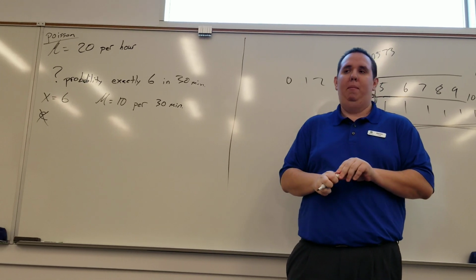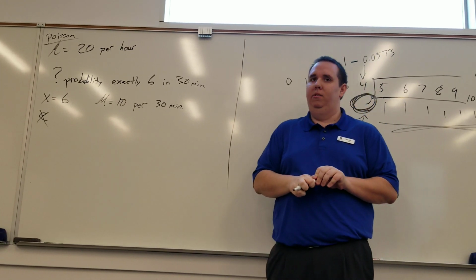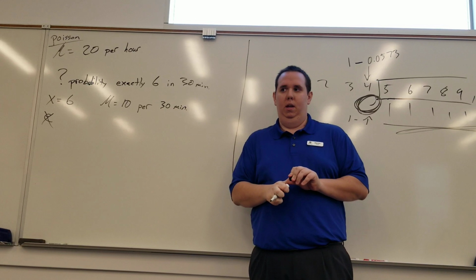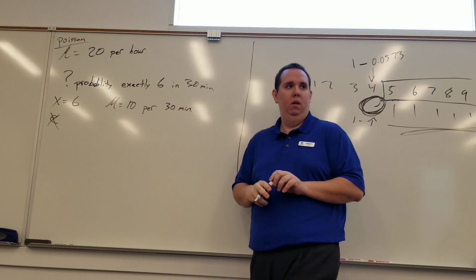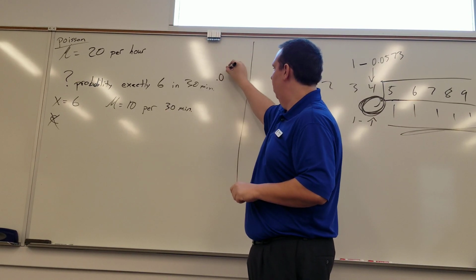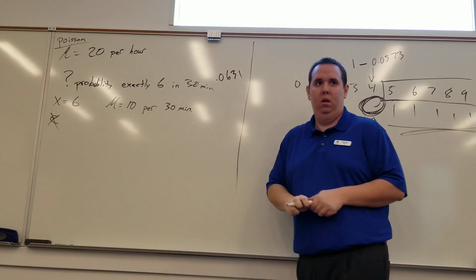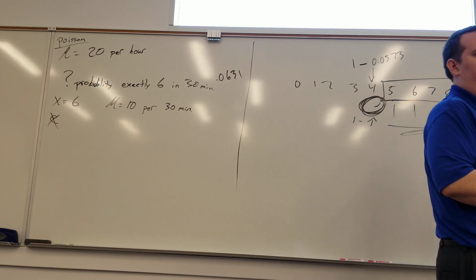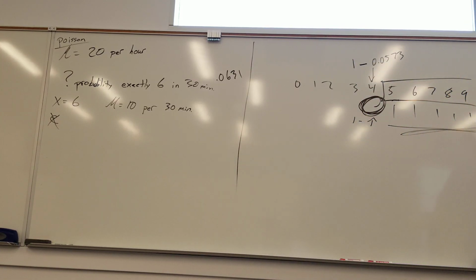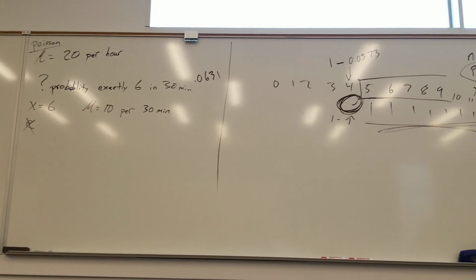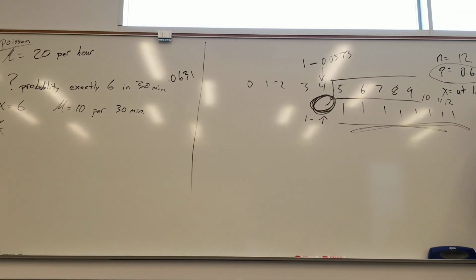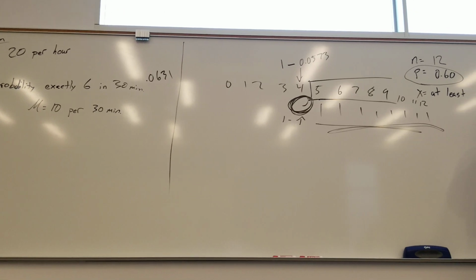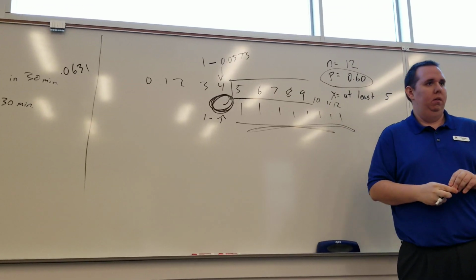So what is the probability of 6 customers in 30 minutes? 0.0631. Okay. So there's a 6% chance that exactly 6 people will show up in half an hour.